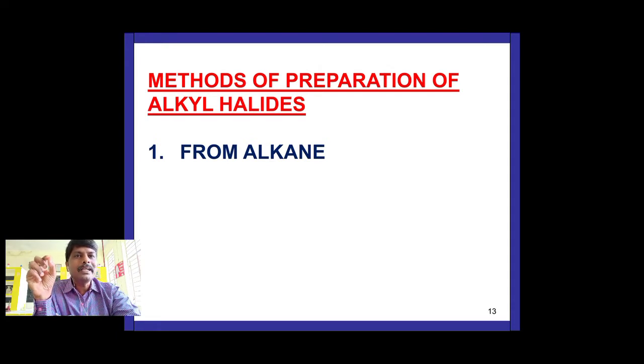Alkyl halides, now it is the topic we are going to discuss: methods of preparation of alkyl halides. Now I will explain separately. First I will explain methods of preparation of alkyl halides.